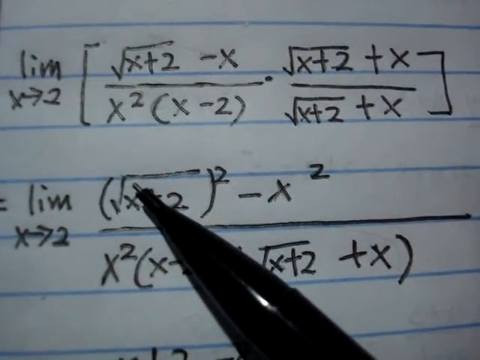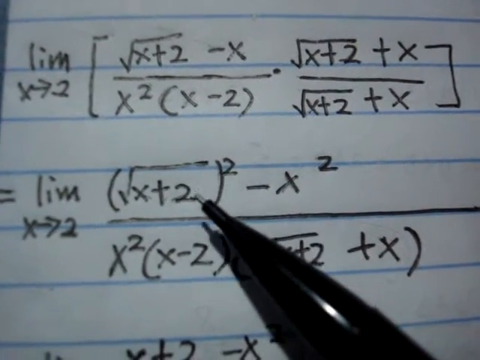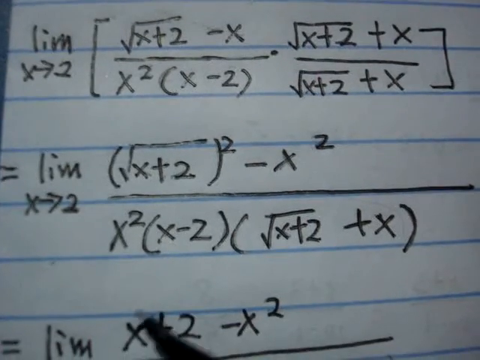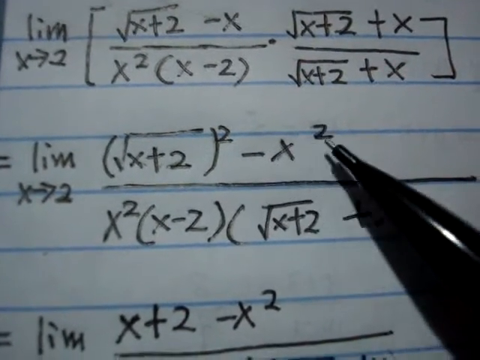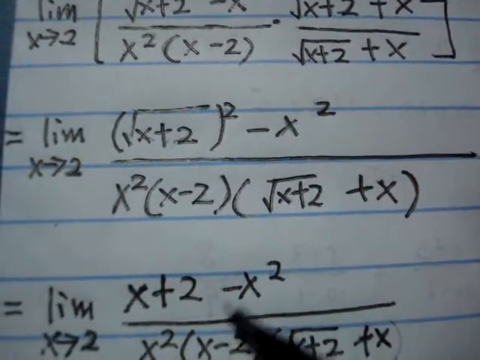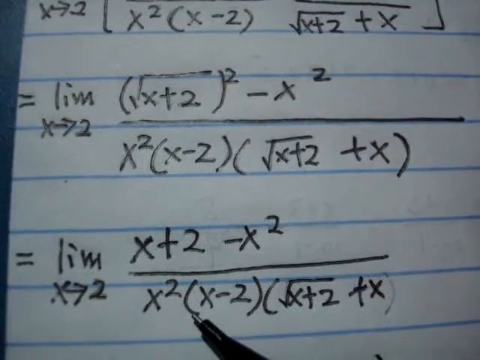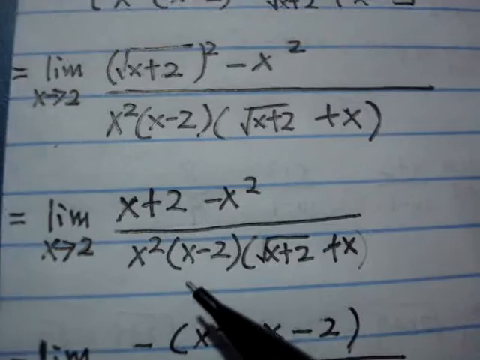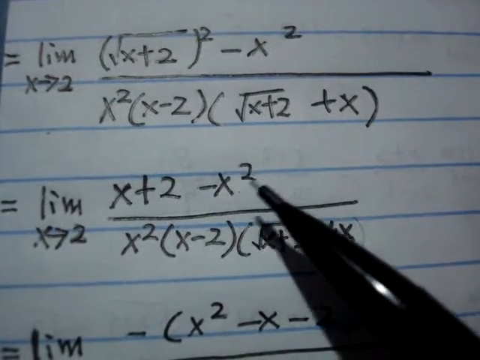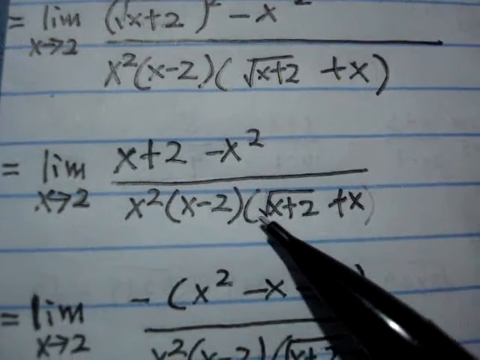Whenever you raise a radical to a second power, the radical cancels out, and it will become x plus 2, minus x squared, divided by this whole thing right here. Once you have that, you can simplify the numerator and the denominator.